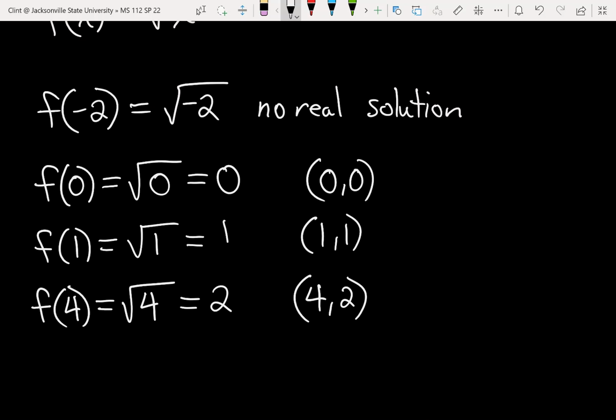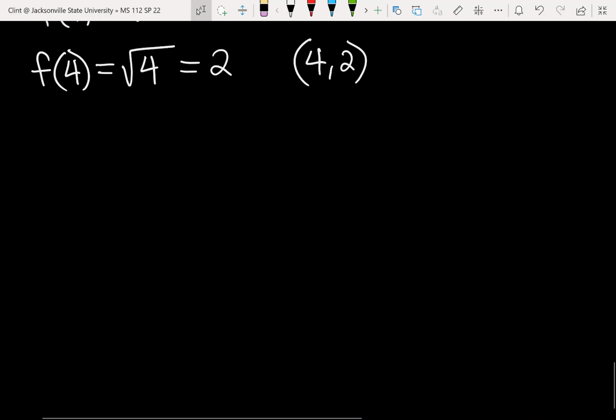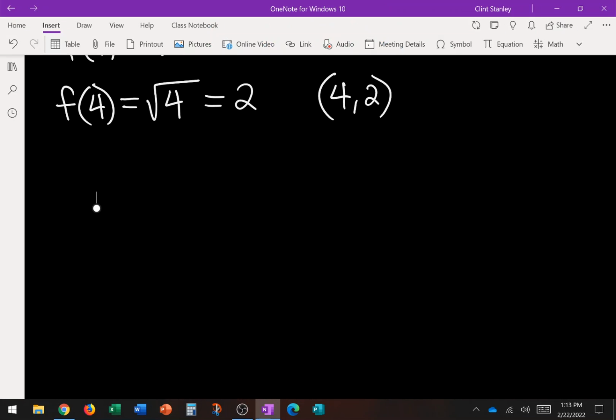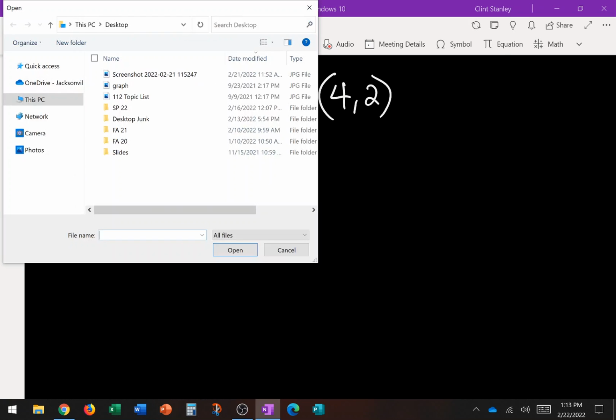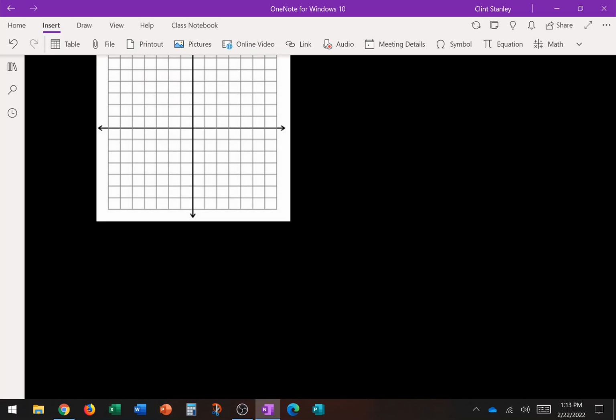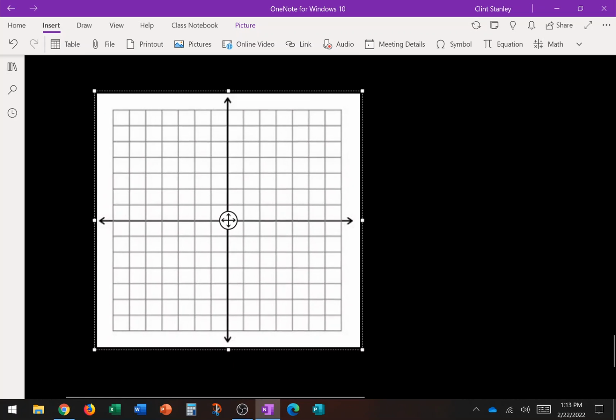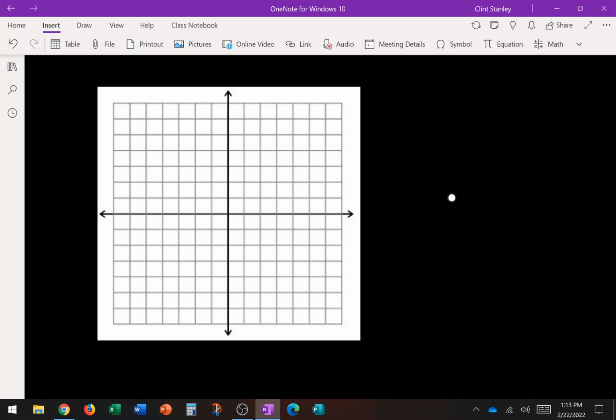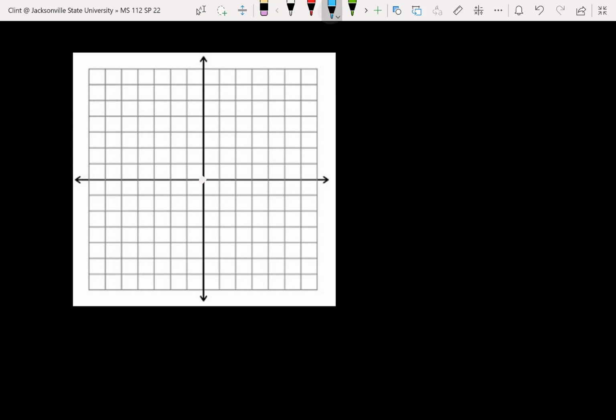Let's plot those and see if we can tell what's happening. We said we had 0, 0. We had 1, 1. And then we skipped to 4 and said we had 4, 2 on there.